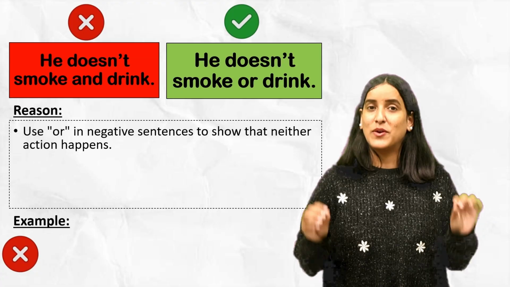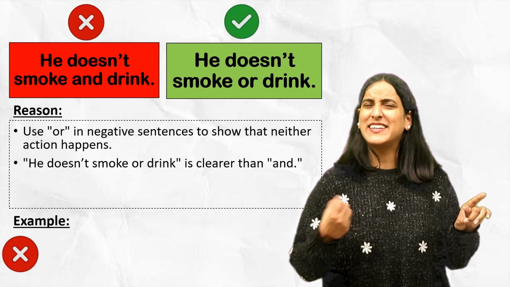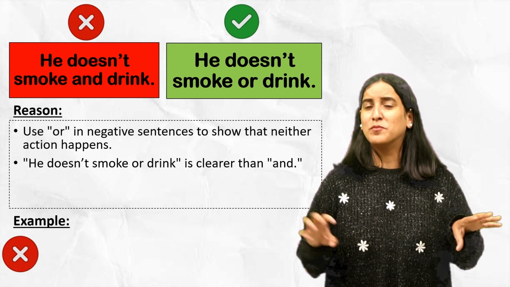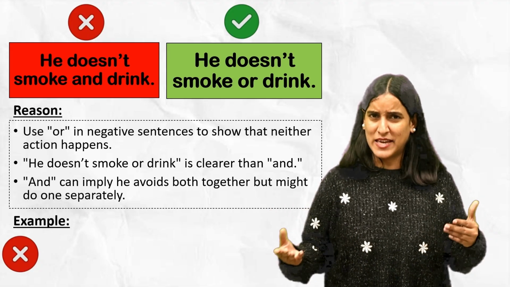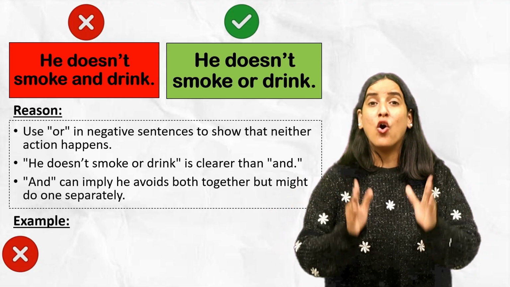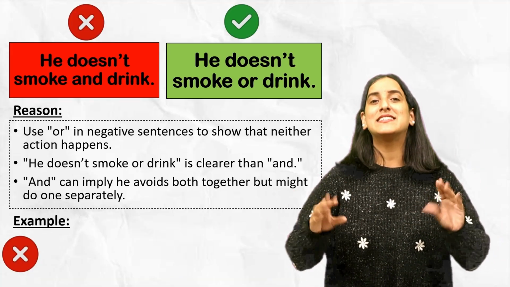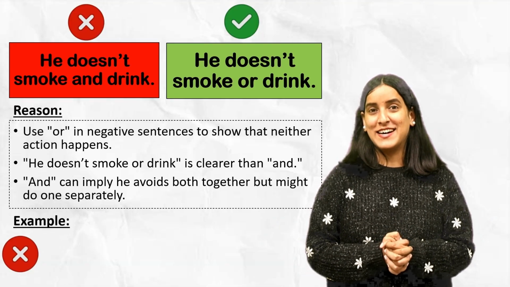All right, now in this sentence, he doesn't smoke and drink, the word and creates confusion. Okay, so it could mean that he doesn't do both the activities together. Okay, but that's not what we mean to say. Now, using or eliminates the ambiguity and makes it clear that neither action occurs, right?